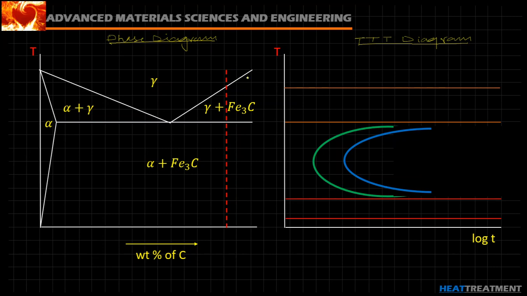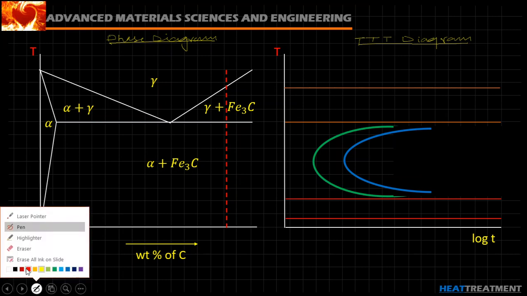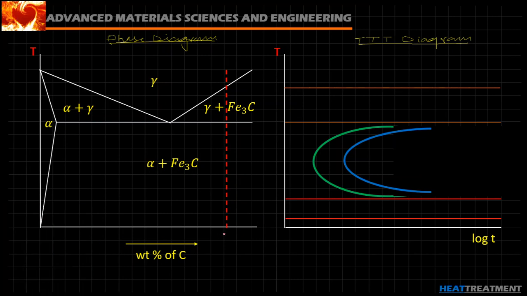Now here if we see this vertical line, we have the composition which is greater than 0.8 weight percent of carbon, or we may write this is greater than the eutectoid composition.